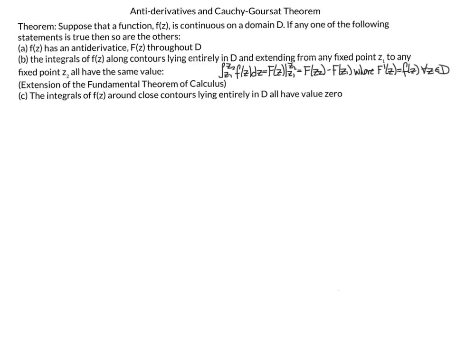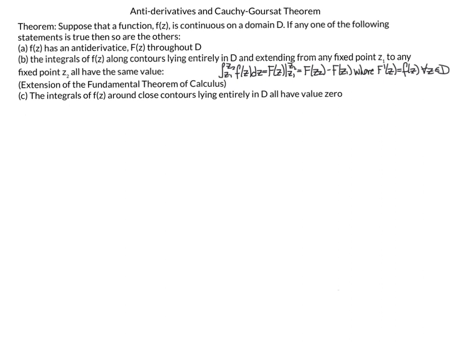The integrals of f(z) along the contours lying entirely in D and extending from any fixed point z1 to any fixed point z2 all have the same value. That is, the integral from z1 to z2 of f(z) dz is equal to capital F(z), the antiderivative, evaluated at z1, z2, or F(z2) minus F(z1).